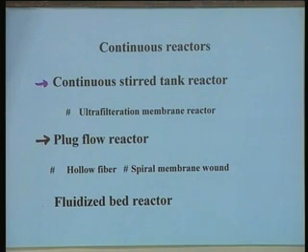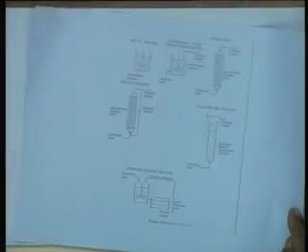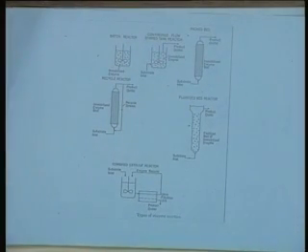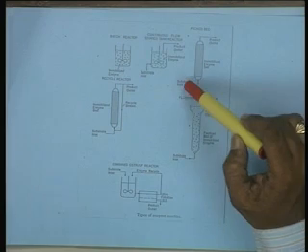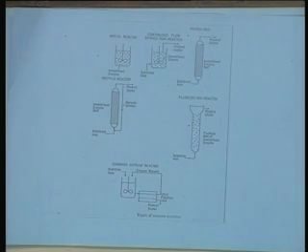Now, the basic characteristic of a plug flow reactor is that the substrate inlet stream moves with a flat concentration profile or velocity profile along the length of the reactor.